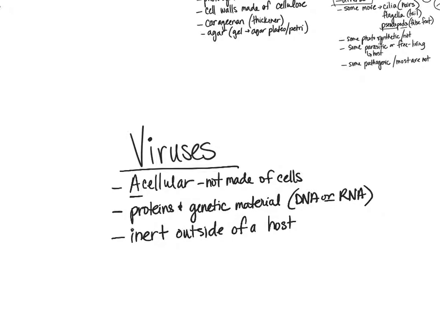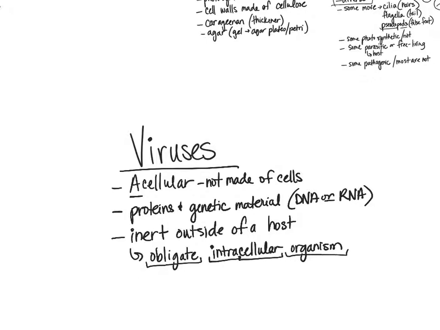So another way of saying this, and we're going to get into some more details of this, is saying that it is an obligate intracellular organism. Obligate means it's obligated to be, meaning it has to, right? It's obligated, it has to. And then intra means that it's inside of, cellular, inside of a cell organism.